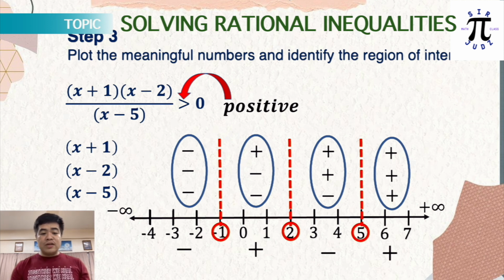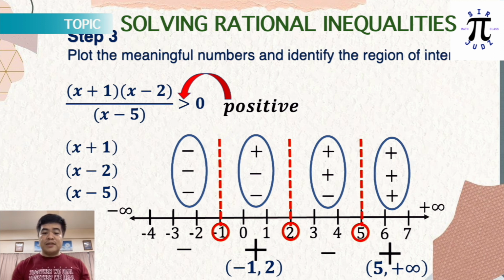So, in what region? So, that is the region between negative 1 and 2. Ito yung positive na region and another region. So, the first interval is in between negative 1 and 2. And the second region that satisfies our inequality is from 5 to positive infinity, excluded ang 5.